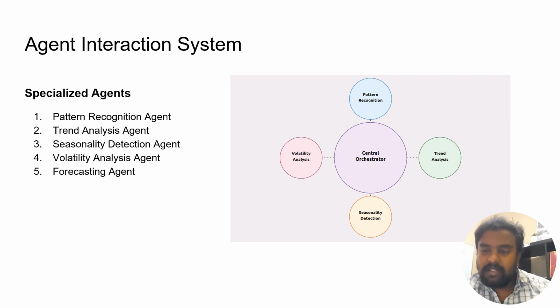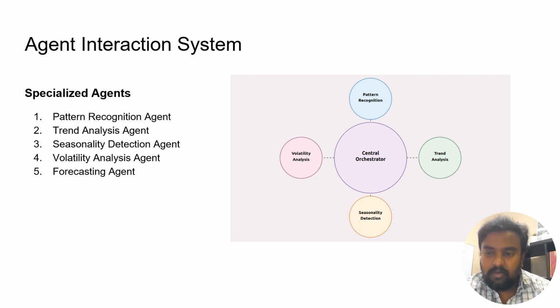The trend analysis agent detects long and short-term market trends. As I told you, to overcome the market analysis challenges, we are going with a trend analysis agent that detects long and short-term market trends. The seasonality detection agent spots repeating patterns like monthly sales cycles.